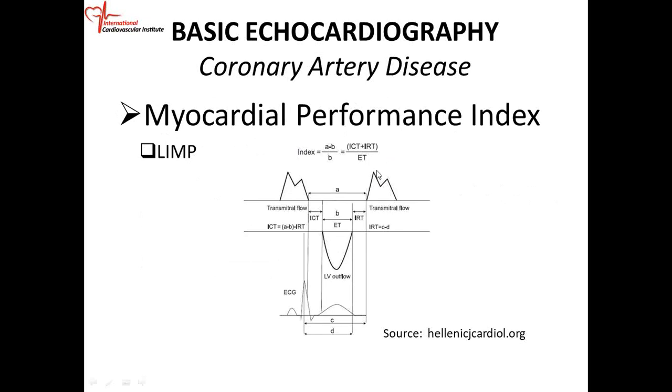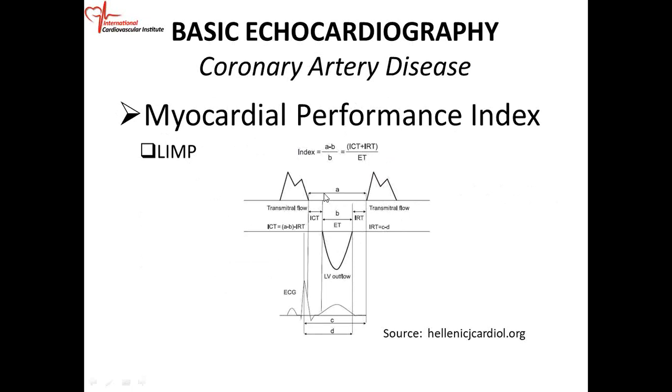Then before the mitral valve opens, you have your IVRT, isovolumic relaxation time, then the mitral valve opens, okay? So again, the definition is mitral valve closure, the mitral valve closes right here, to mitral valve opening, and the mitral valve opens right there.